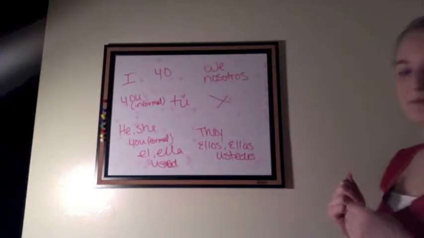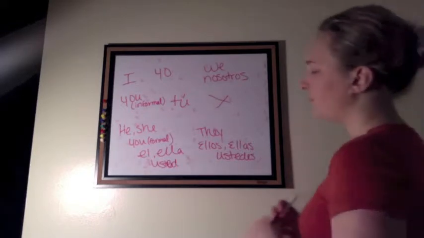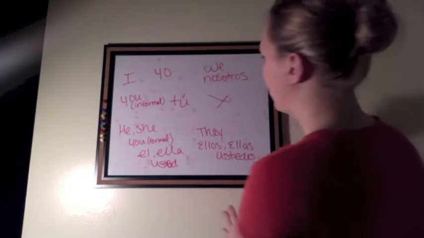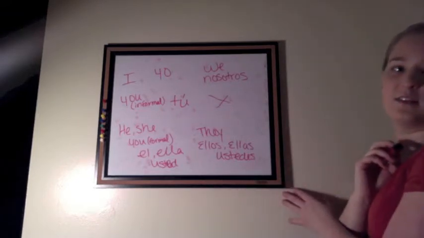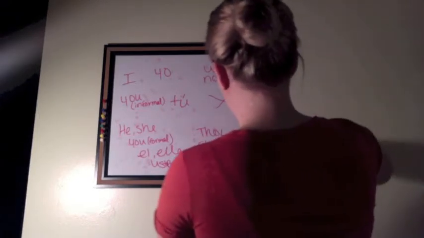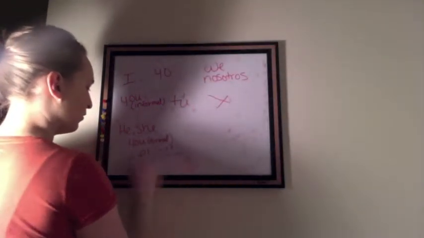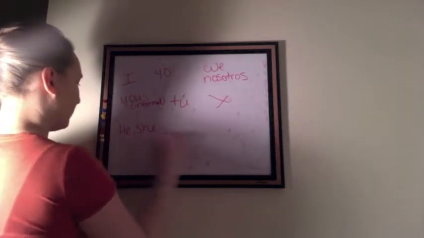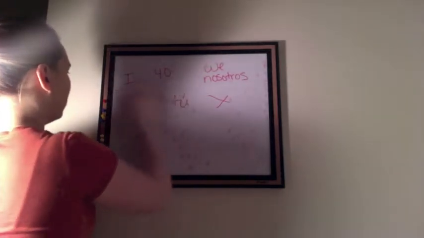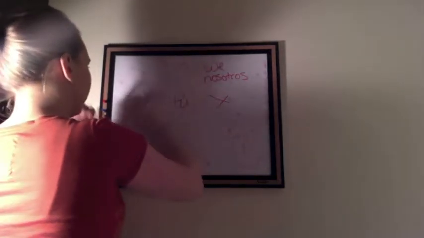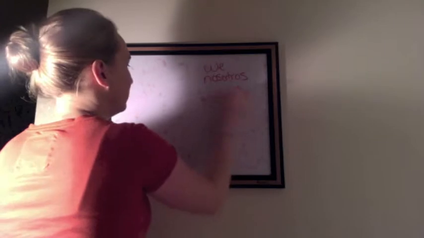Okay, so then, do you guys have these in your notes? Yes. Okay, perfect. So now we're going to go over how to conjugate the AR verbs. Okay, for each one of the pronouns, there is a different ending for the verb.